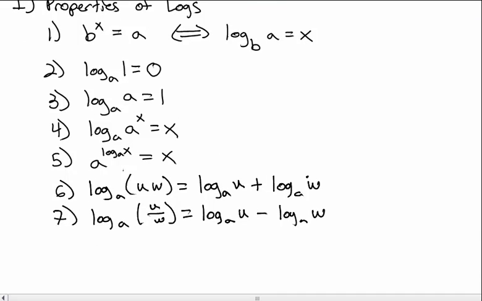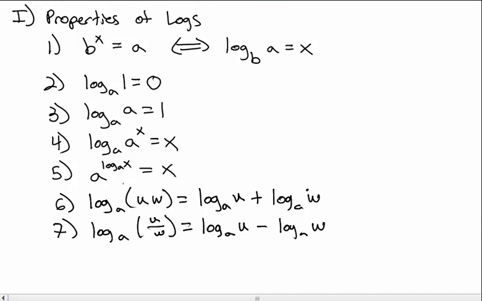Or how I like to think about it is negative exponents go on the bottom, positive exponents on the top. And finally, the last property we saw was the log base a of b. We can change the base to any other base we want of the stuff divided by the log of the base.